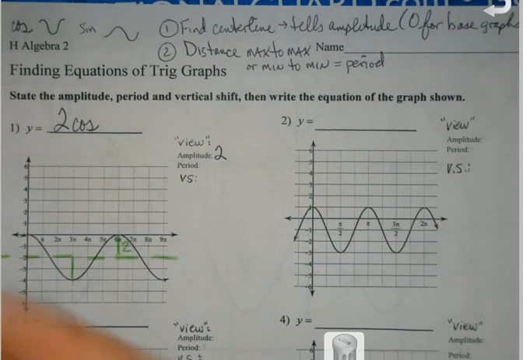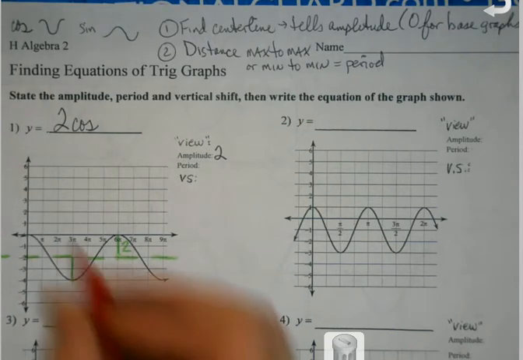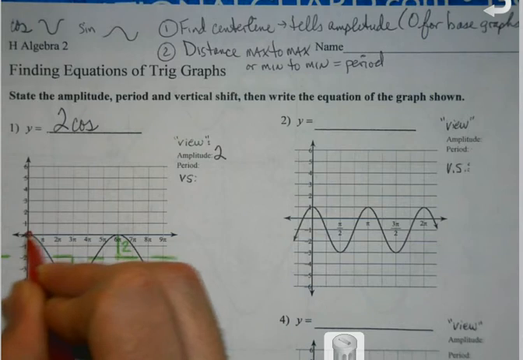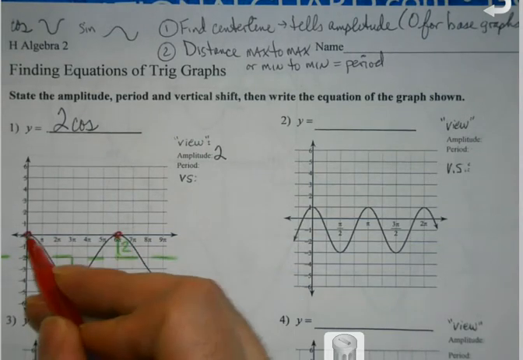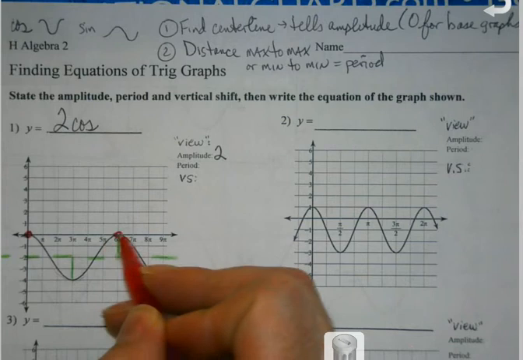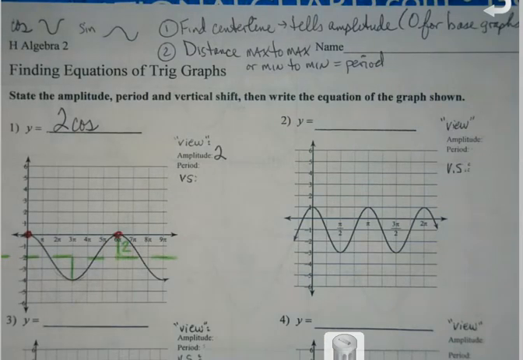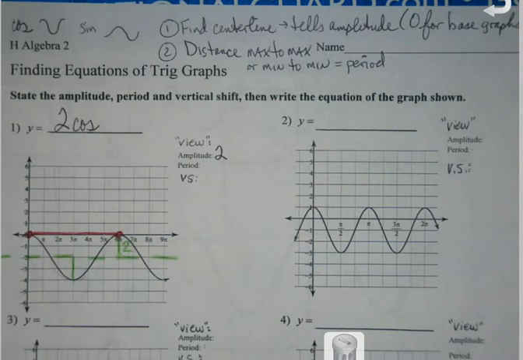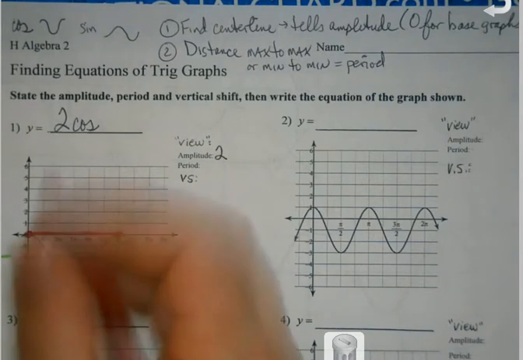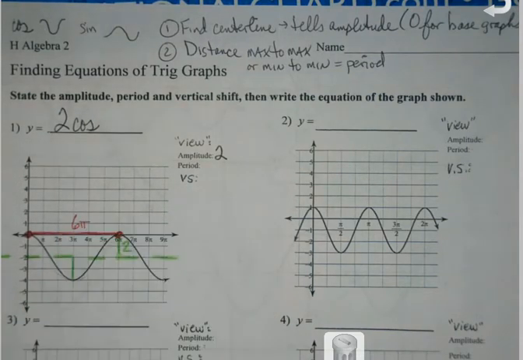You're like, okay, so what are you talking about this time? Well, let's say, for instance, here at the start and out here, there's where I get my full cycle for my cosine graph. However far it is from here to here is what my period is.